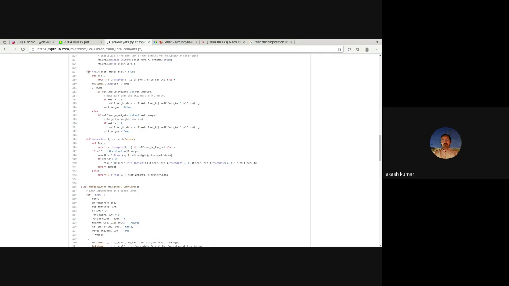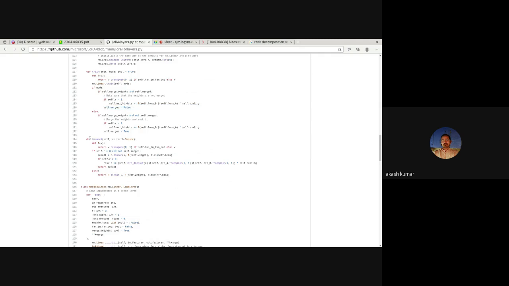Whenever they set the mode equal to train, what is happening is that if self.merge_weights, which basically dictates whether you update the weights or not, depends on this toggle variable self.merged. If we initialize the training with the train mode, and we have activated LoRa, we will subtract from the weight matrices by this factor here, and we set self.merged equal to false.